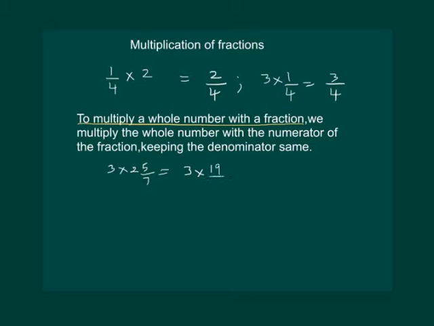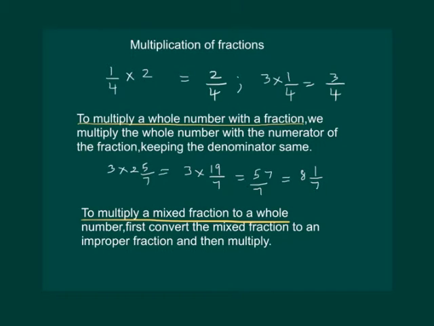So 19 by 7, and now multiply the numerators. We get 57 by 7, and we can again convert it into mixed fraction by division and we get 8 1 by 7. So we can say to multiply a mixed fraction to a whole number, first convert the mixed fraction to an improper fraction and then multiply.